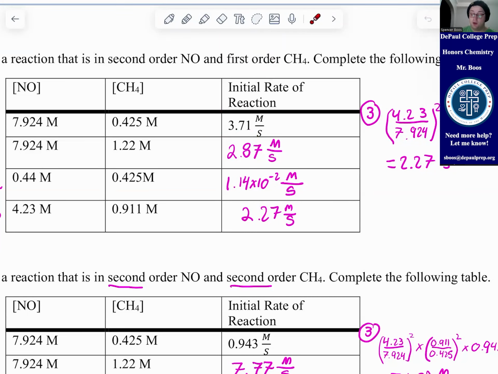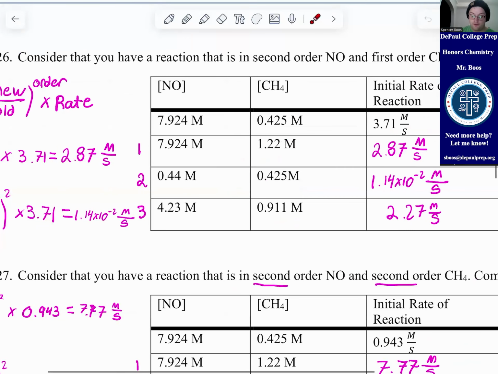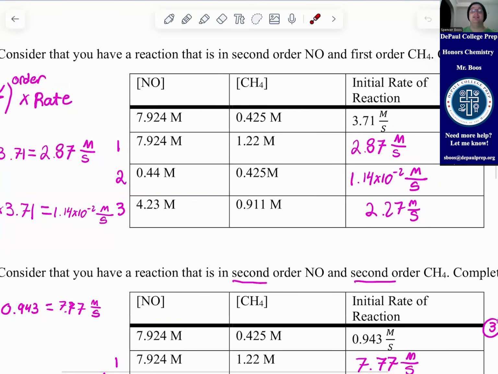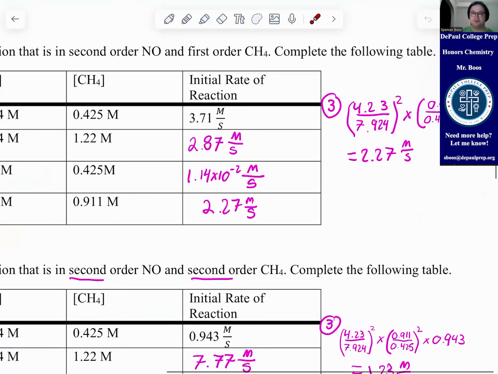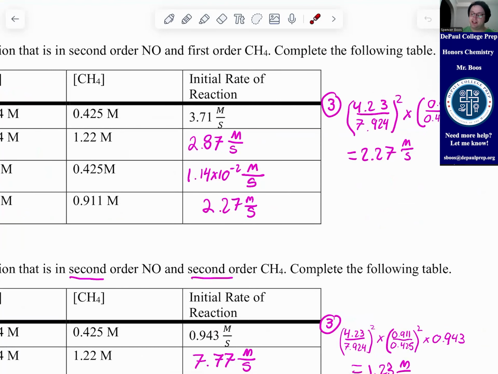We've been using the initial rate for each of these questions because if we used one of the different ones down here and it were wrong, everything else would be screwed. So why risk it? Go with the one we know for sure, the one at the top in the first row. So you multiply here, 2.27 molar per second.